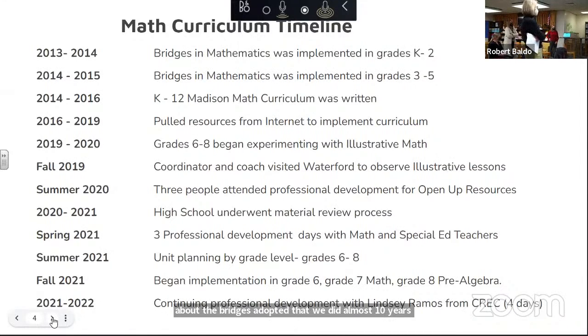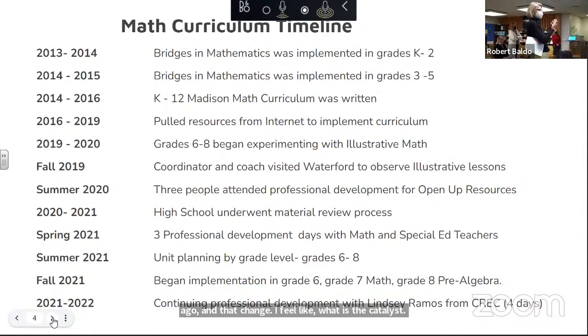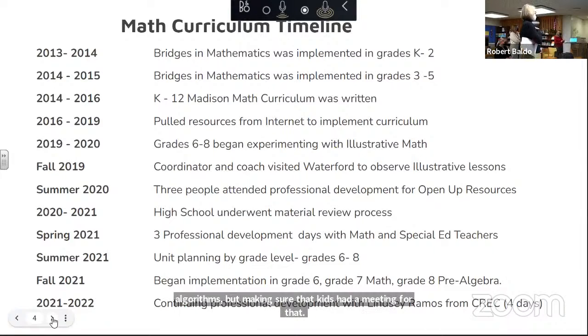And that change, I feel like, was the catalyst coming from below, pushing the other grades to make some changes. And one of the big changes was going to a more conceptual approach to teaching. So away from a procedural approach, and still using algorithms, but making sure that kids had a meaning for that. So that was almost 10 years ago.